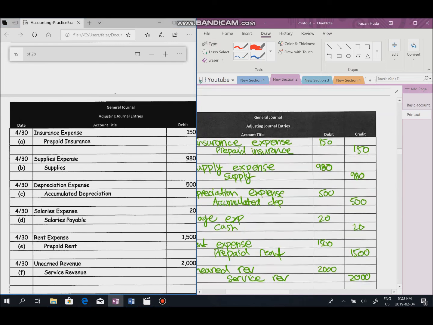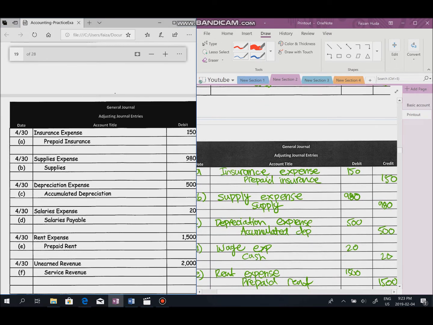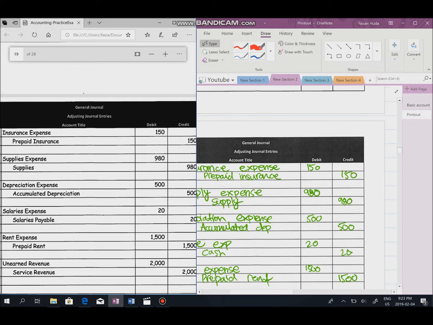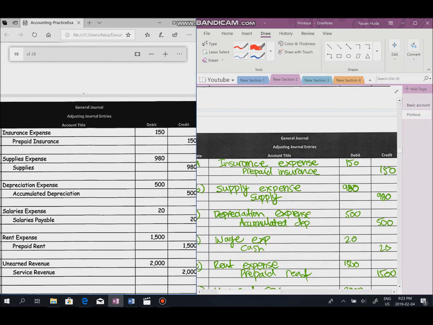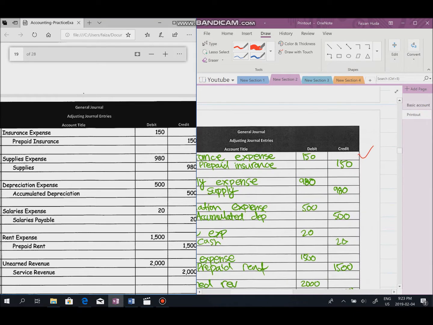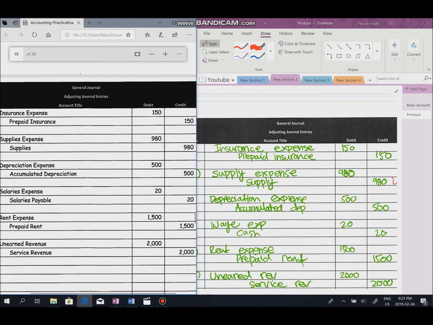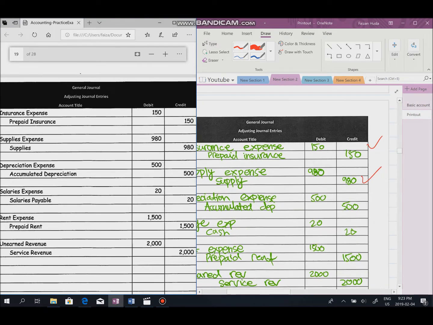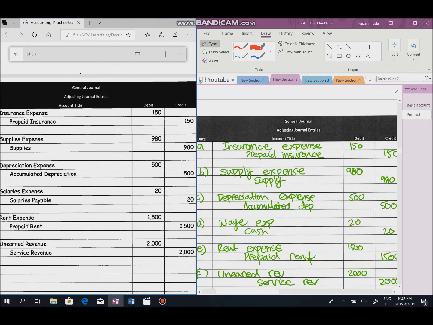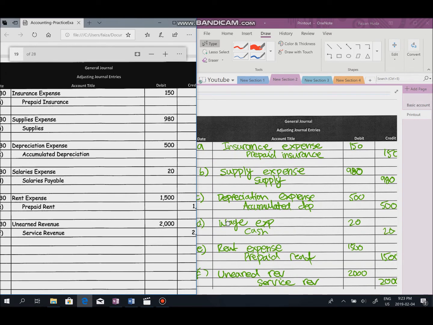Here are our adjusting entries. Insurance expense, prepaid insurance 150, 150, we're right. Supplies expense, supplies 980, 980, we're right. Depreciation expense, accumulated depreciation 500, 500, we're right. I should have written salaries instead of wages, so I'm going to correct that real quick.